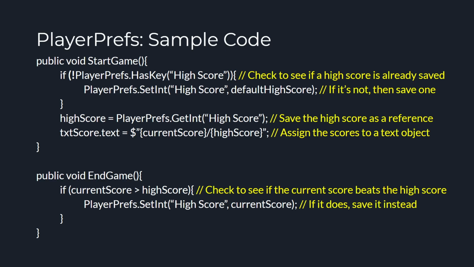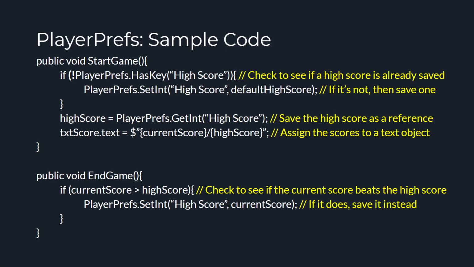You would say, if not PlayerPrefs.HasKey high score, so if it doesn't already exist, then I'm going to set an int for high score to default high score. That would be explicitly setting it, making sure it exists before getting the value.